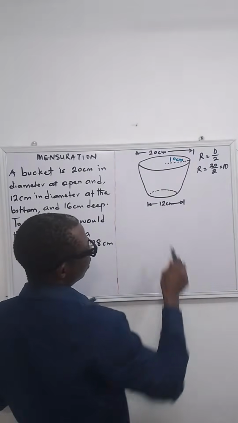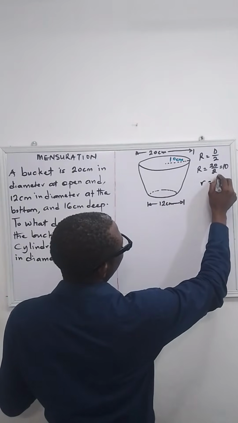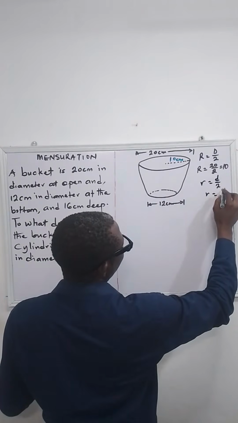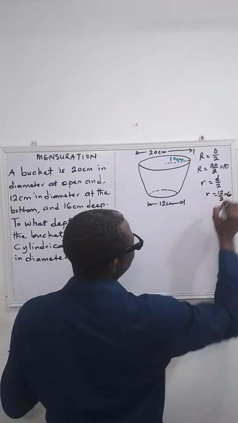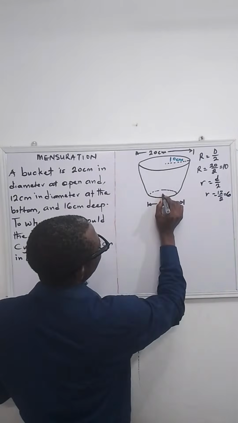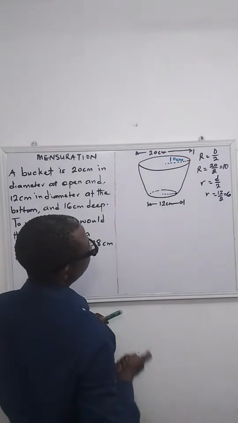The same thing also applies to this bottom. r equals D over 2, and that is r equals 12 over 2, and that is 6. So the radius here is 6 centimeter.